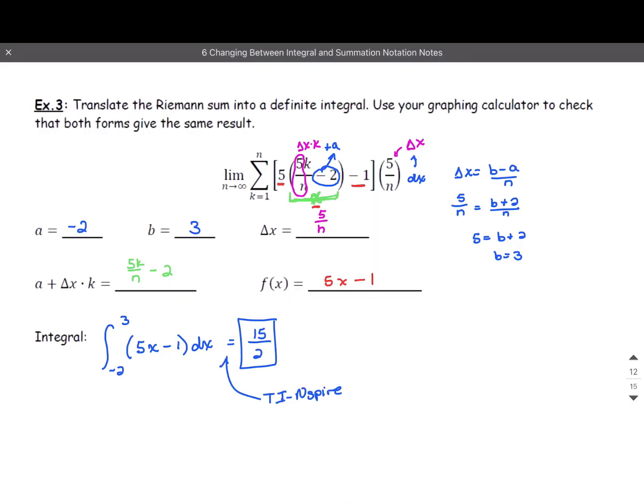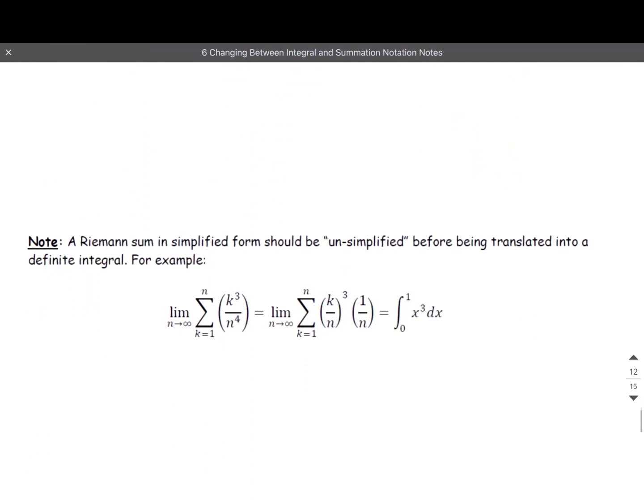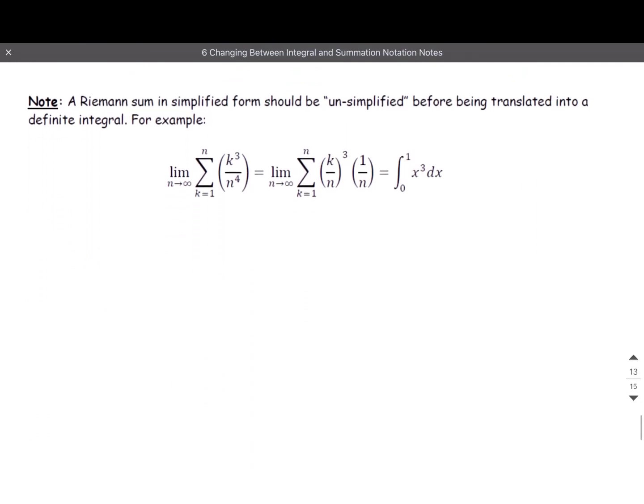Now just something I want to point out here is that sometimes a Riemann sum in simplified form needs to be unsimplified before being able to translate it to an integral. For instance, if you look at this, k cubed over n to the fourth, I don't see my delta x, but I have this k cubed and n to the fourth.